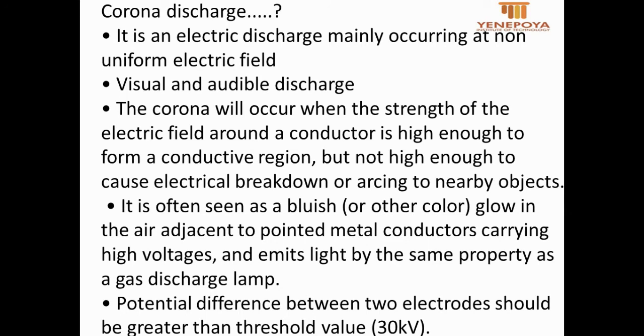It is often seen as a bluish or any other color glow in the air adjacent to pointed metal conductors carrying high voltage, and it emits light by the same property as a gas discharge lamp. The potential difference between the two electrodes should be greater than a threshold value. It's 30 kilovolts.